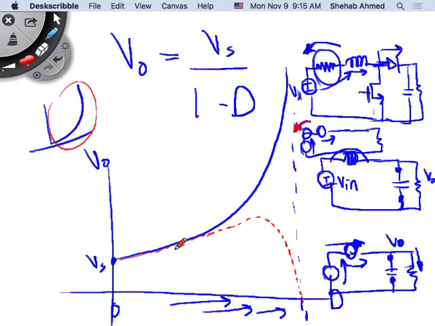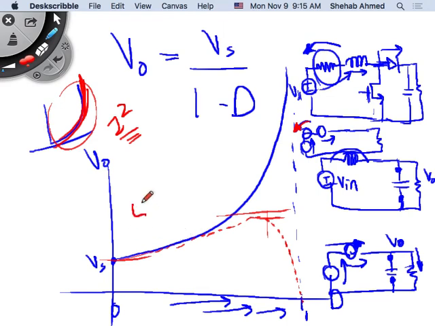So yes, you will be able to boost to a certain value, but beyond that value, you're not going to be boosting anymore. The effect of the resistance will be reducing the voltage much more considerably because of the I squared effect. So I squared is increasing very fast, and it's going to not allow you to boost the voltage any further, right? So there's a point beyond which you cannot boost.